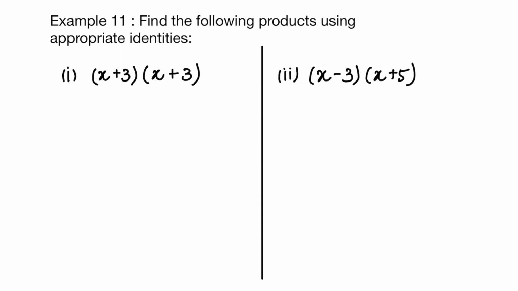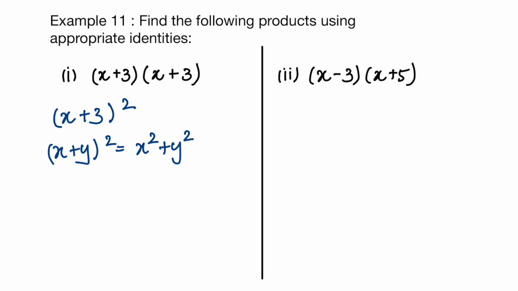Okay, so x plus 3 into x plus 3 is basically x plus 3 whole square, right? And we know that x plus y whole squared is equal to x squared plus y squared plus 2xy, or x squared plus 2xy plus y squared. Anyway, it's fine. So you're just going to fill in the values here.